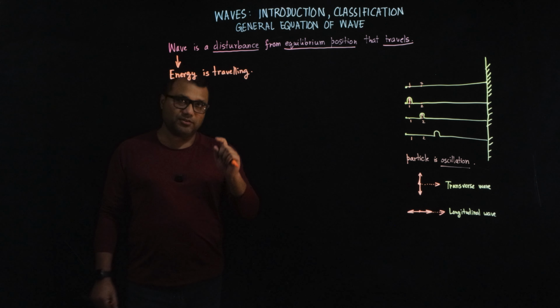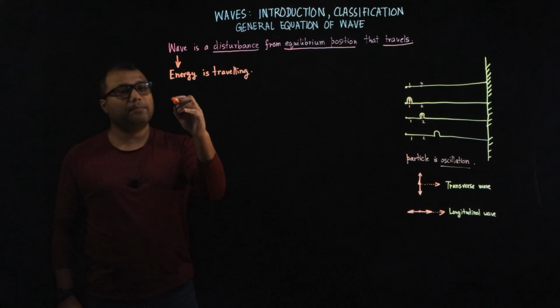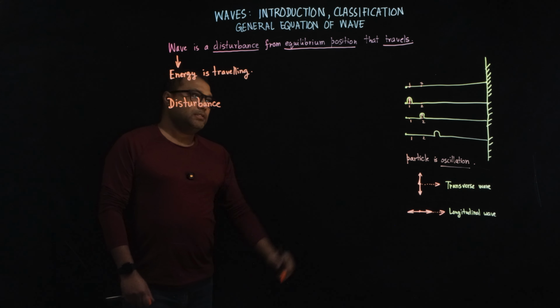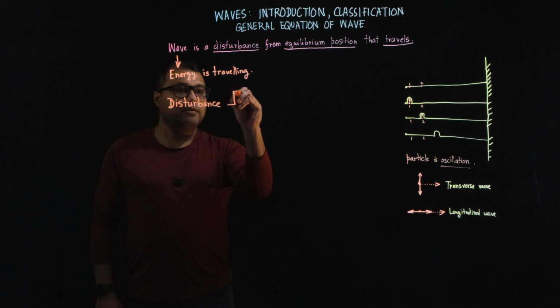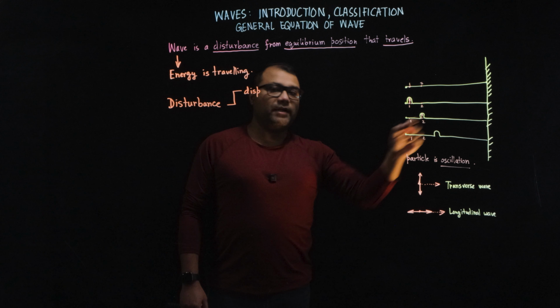Okay, let's also take a deeper look at what a disturbance could be. A disturbance can be a displacement, like we showed in this example of a wave traveling in a string.